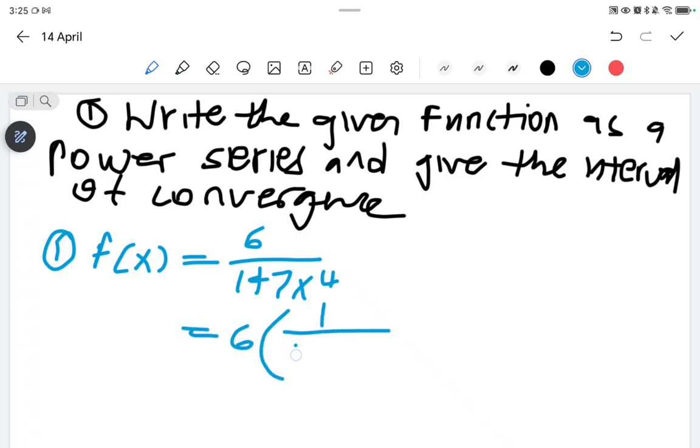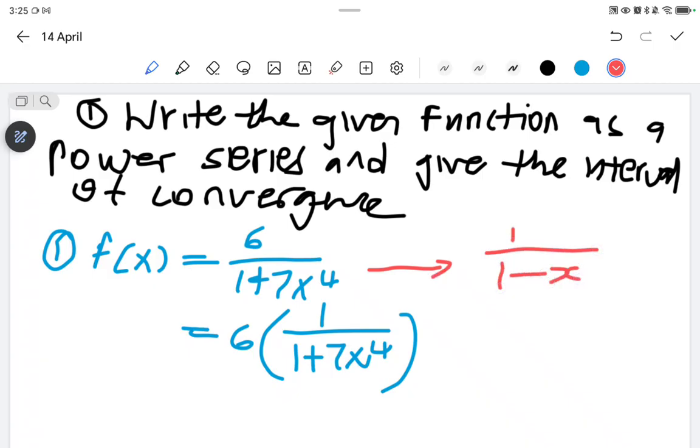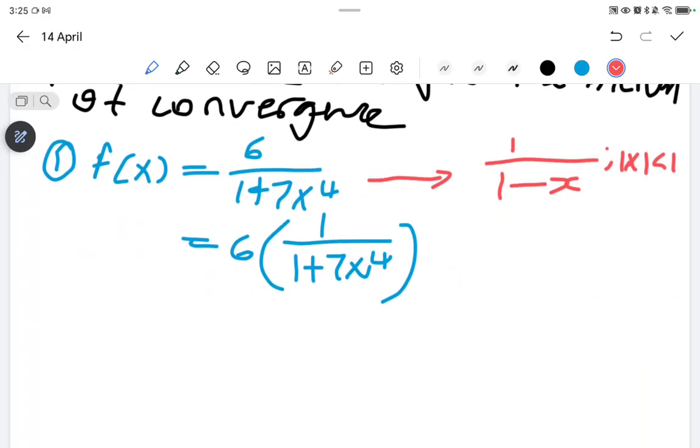We have 1 plus 7x to the 4. So the idea is to change this into this format, so that it can be easy for us, provided that this converges when the absolute value of x is less than 1. So it's to put that into that format.